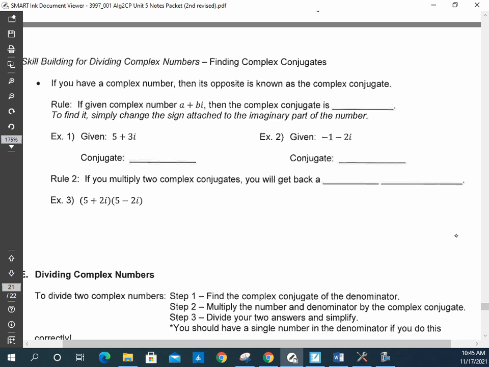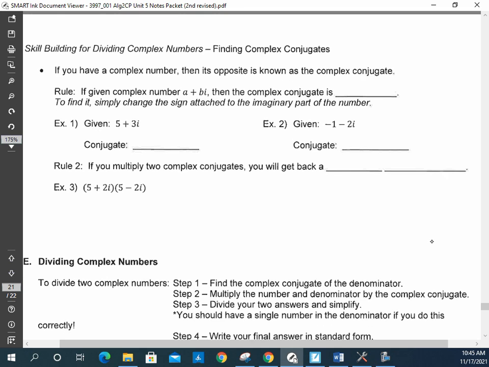So before we can divide complex numbers, we have to know something called the conjugate. If you have a complex number, then the opposite of it is known as the complex conjugate. So if you start with a plus bi, the complex conjugate is simply a minus bi.